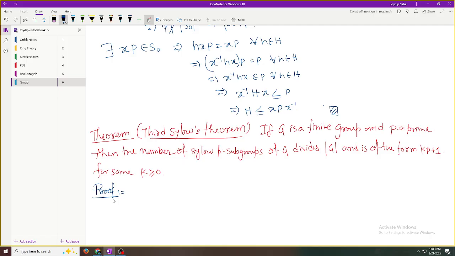You see that any two Sylow subgroups are conjugate, and conjugates are Sylow subgroups. So number of Sylow P subgroups means you have to find the number of conjugate subgroups.